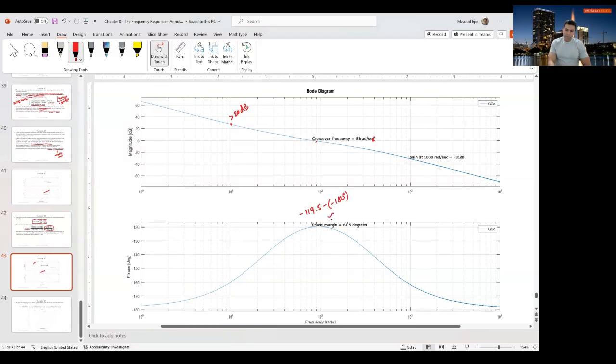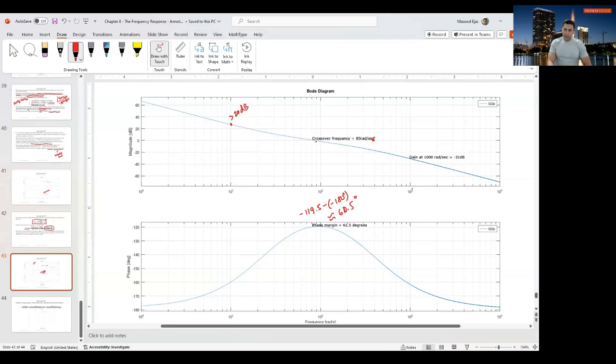So it was approximately 60.5 degrees, not 60, 60.5 degrees. So that also satisfies the phase margin condition.